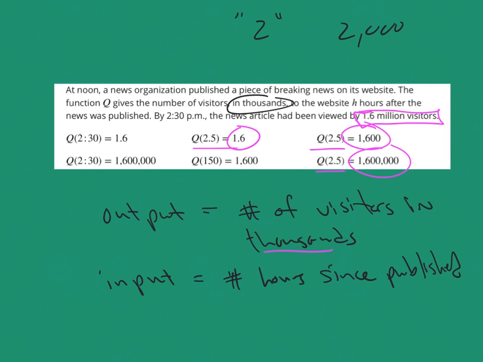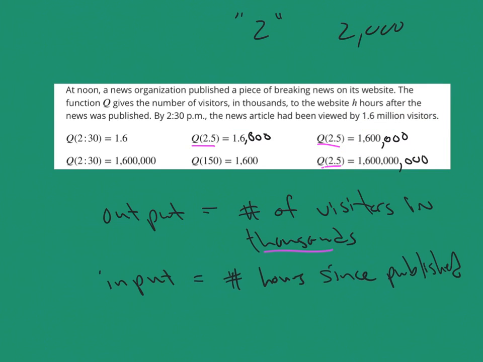So I have to put 3 zeros on the end of these first to be able to interpret this correctly. Okay, so back to our contestants. I'm looking for 1.6 million. So I've added the 000 on because they were all represented in thousands. So this is going to be 16,000. No. This is going to be 1.6 million. I think that's the one. And then this one right here is going to be 1.6 billion. So no dice.